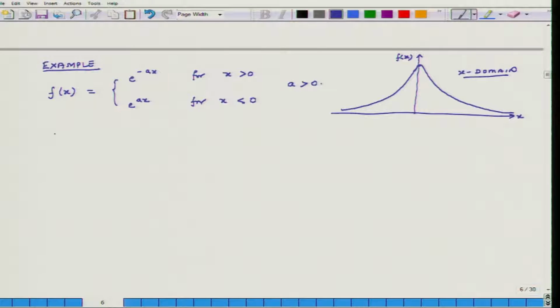Now I want its representation in the omega domain, and that is what we will calculate.